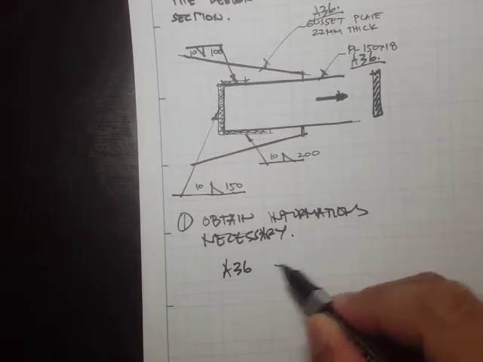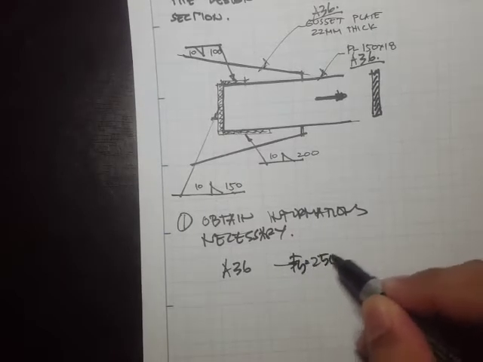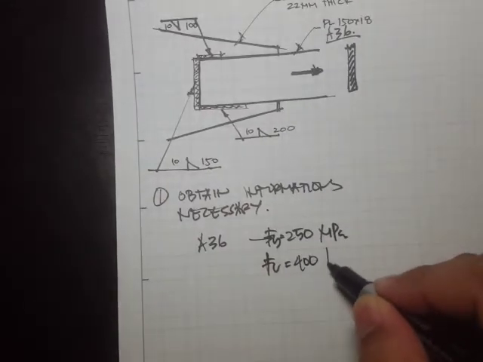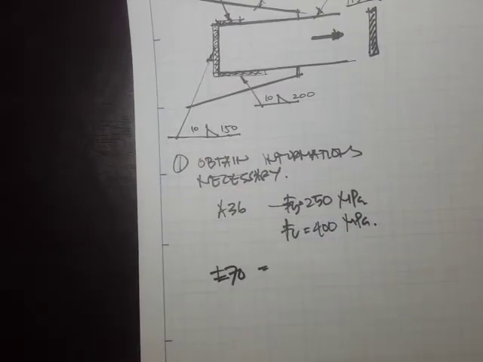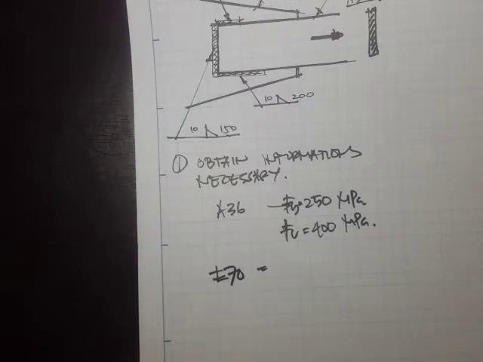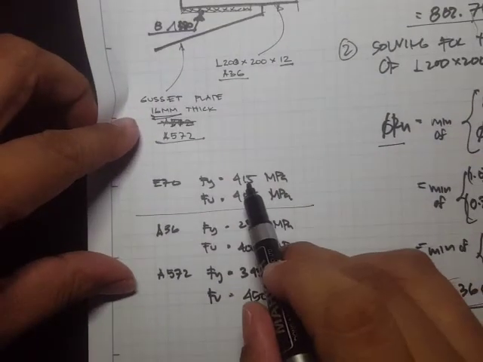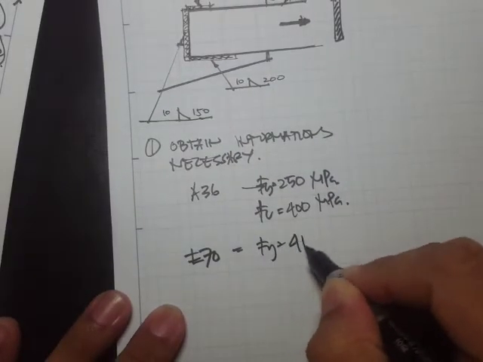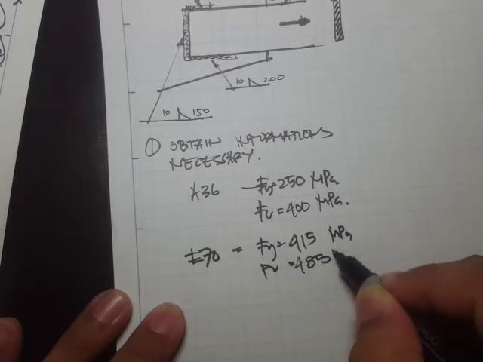For the A36, the Fy is equal to 250 megapascals, and Fu is 400 megapascals. For the E70, I think that's just the same as our first problem: Fy is equal to 415, Fu is 485 megapascals.